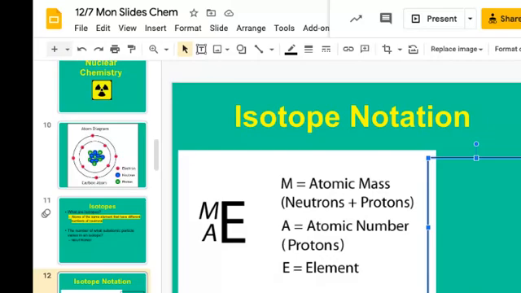So what could I do to figure out how many neutrons are in this carbon isotope? What do I do math-wise to figure out how many neutrons are in carbon 12? Okay, think about that. We'll come back to it.